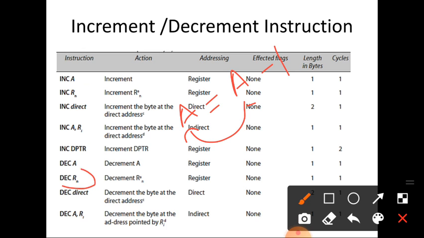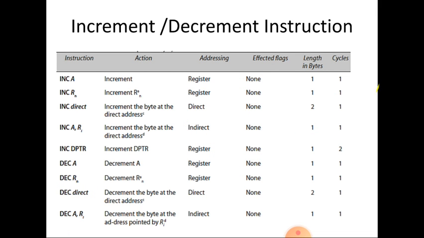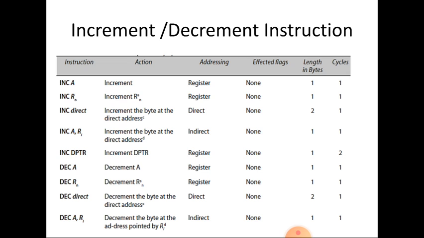Same here, DEC Rn means register content will be decremented by 1 and the result will be stored in Rn. And here direct means the byte in that direct address will be decremented by 1. And this is all about arithmetic instructions.